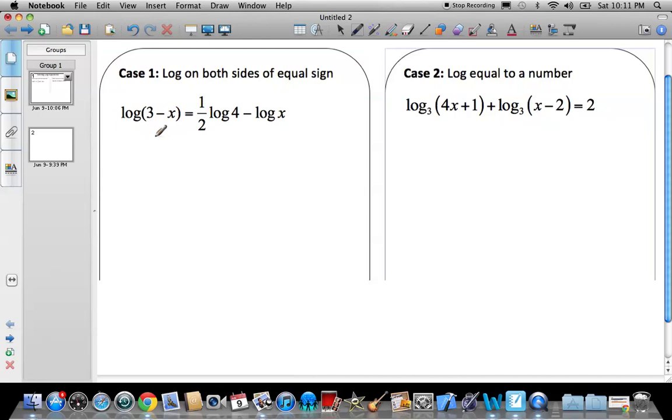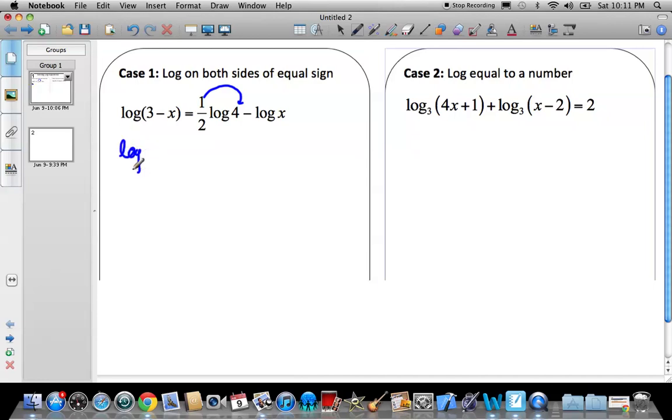There's not much we can do with this one over here. It's pretty much simplified as much as possible. But we do have a number outside of a log. If you remember, anytime you have a number times a log, you can take that number and put it to the exponent of anything that's inside the log function. So let's rewrite this.